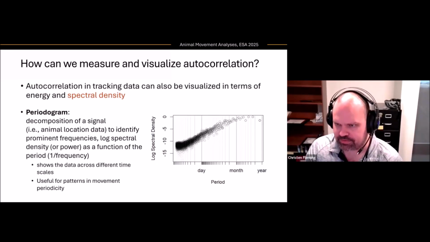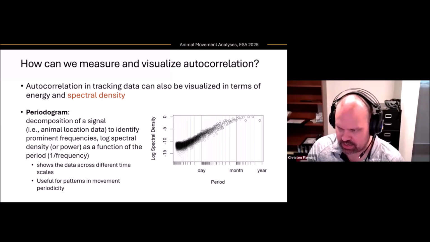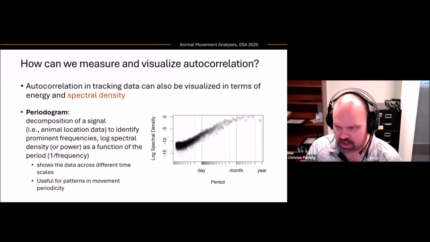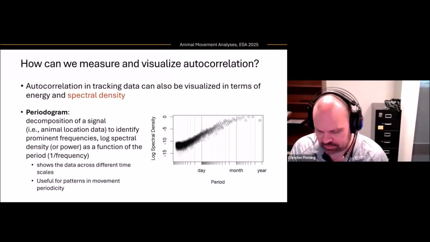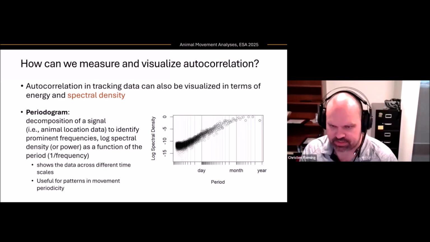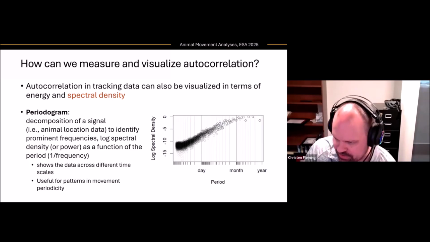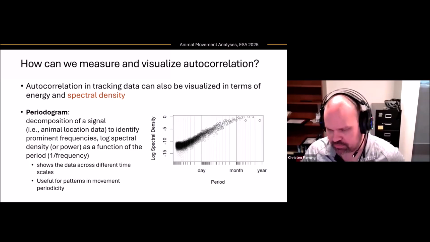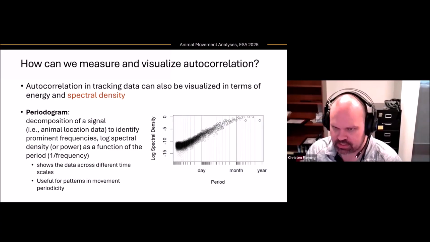And there are other ways to visualize autocorrelation too. If you talk about repeated movements, such as a canid species that patrols around its territory every day, sniffing around, you might see periodicities. So there's a way to estimate the spectral density function, which is just looking at the ACF function in the frequency domain to draw out these periodicities.